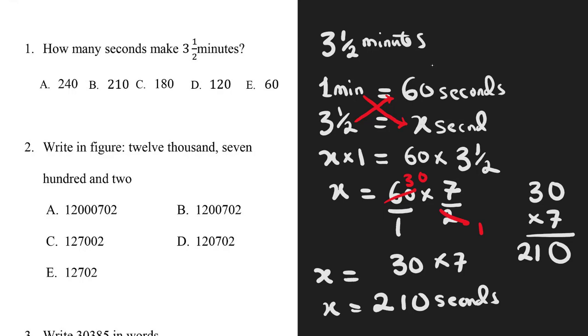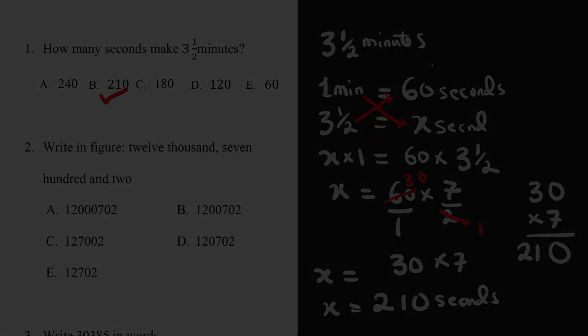You first convert it, 1 minute equals 60 seconds. Then you cross multiply. After cross multiplying, cancel those things that can cancel, and multiply. So let's check our options for 210 seconds. From our options, our answer is B, 210 seconds. So let's go to the second question.